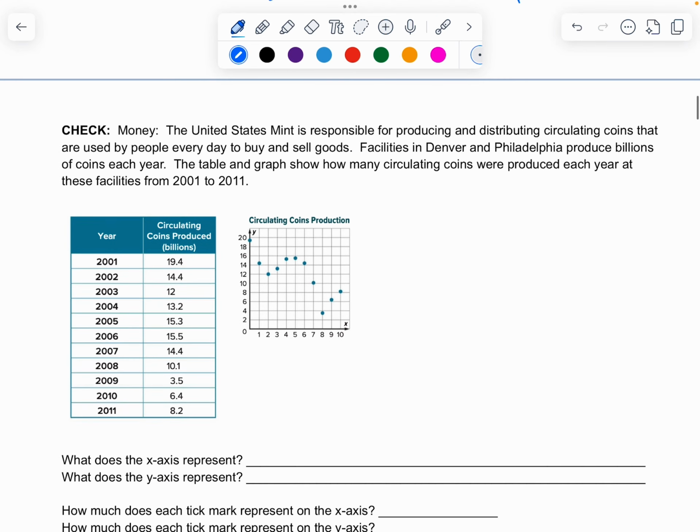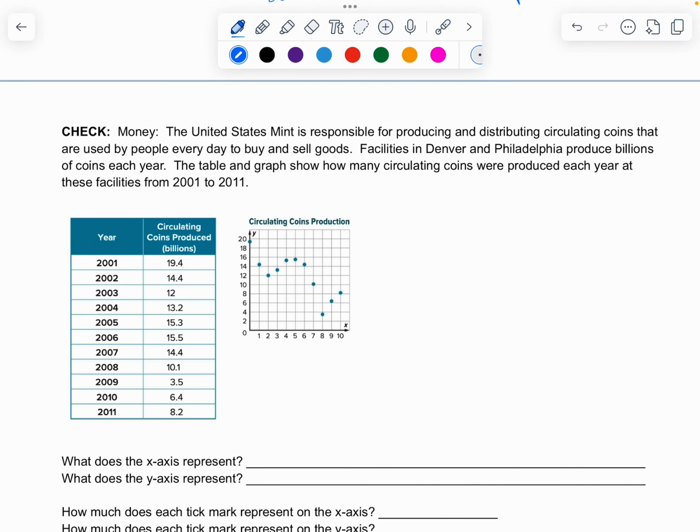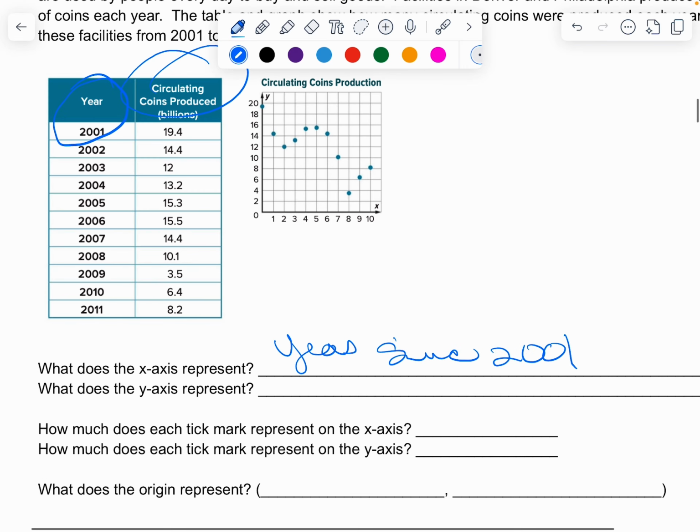Okay, so down here, what does the x-axis represent? It's going to be right here. Years since 2001. What's the y-axis going to represent? Circulating coins produced, and that's in the billions.